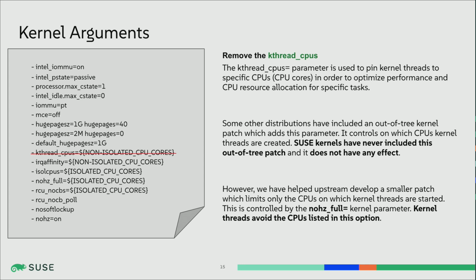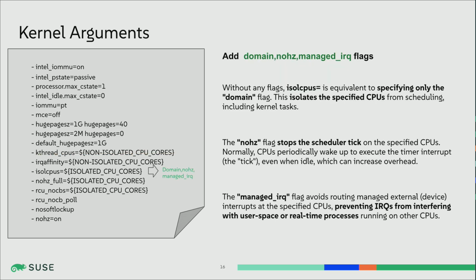so it's not needed. What we are doing is just removing it from the list, because we are including it in a different way, which is the nohz_full kernel parameter, to do exactly the same. As you can see on the next one, we are using the nohz_full flag in order to stop the scheduler tick that usually runs on edge CPUs.